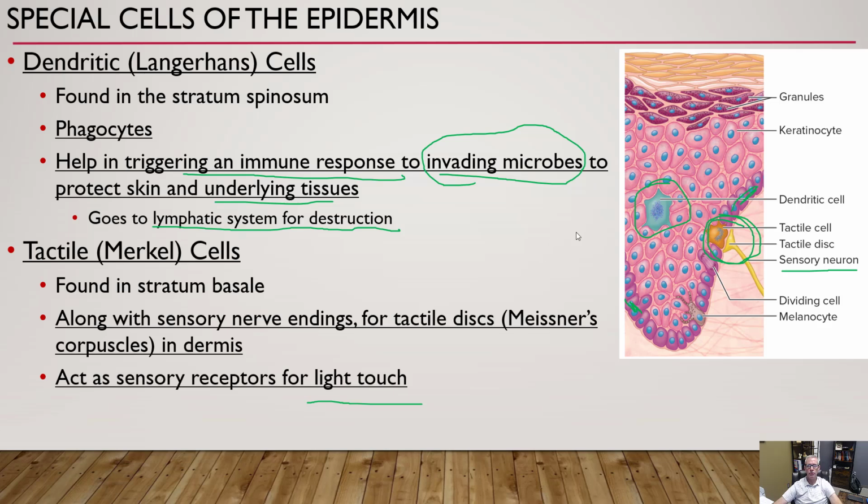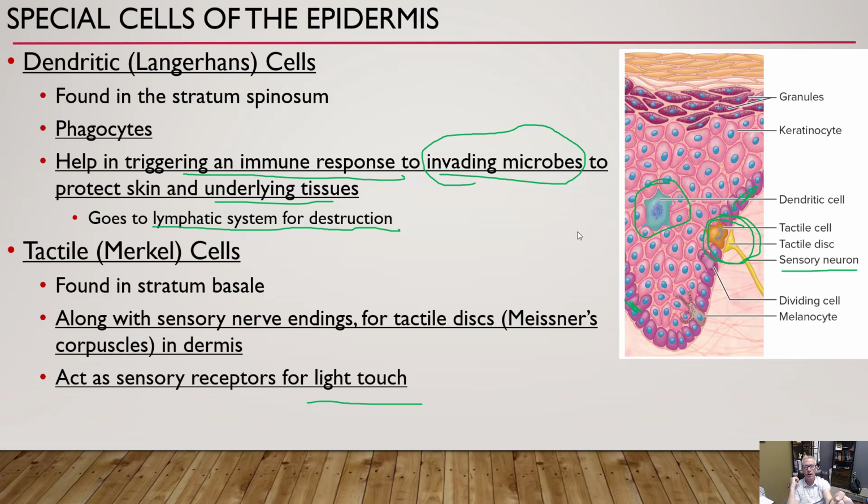So when we get to the nervous system, we'll learn that we have sensory neurons or sensory nerves and motor nerves. Sensory nerves pick up information and take that to the brain. The brain processes that information, and then the motor nerves will provide some sort of output.